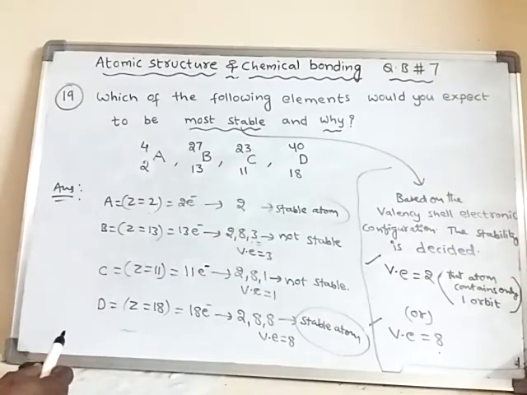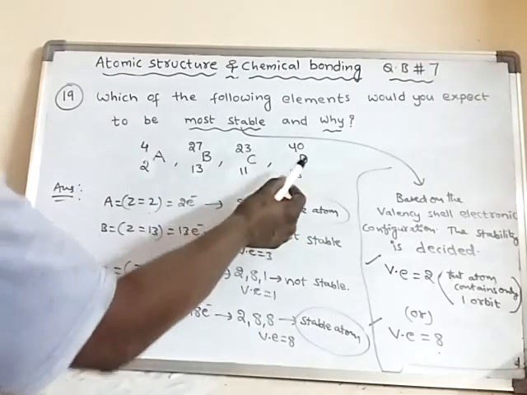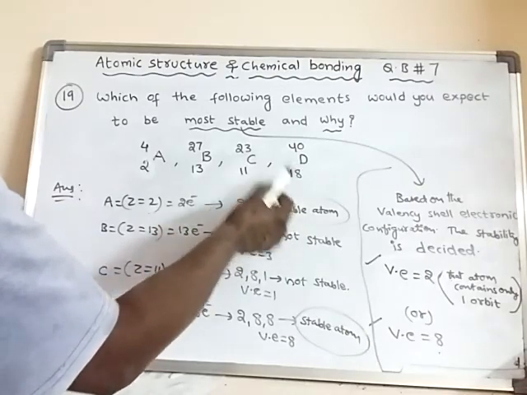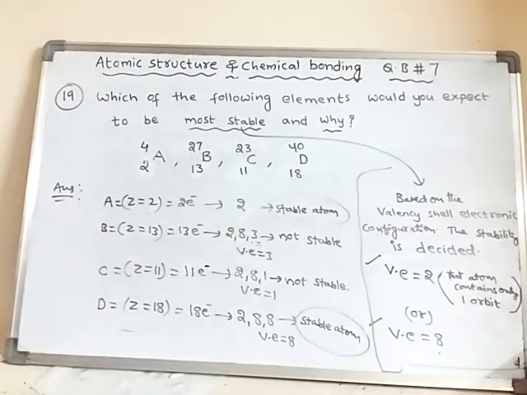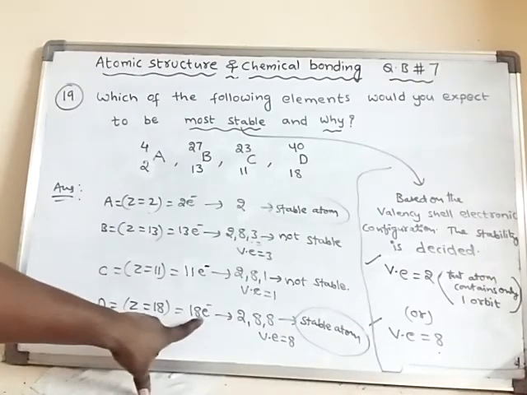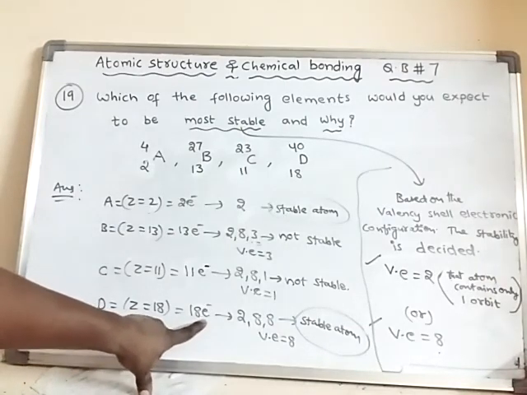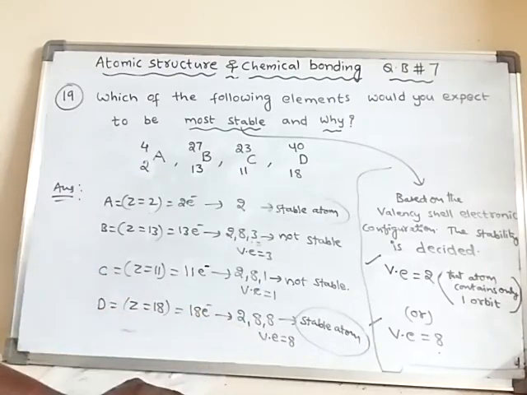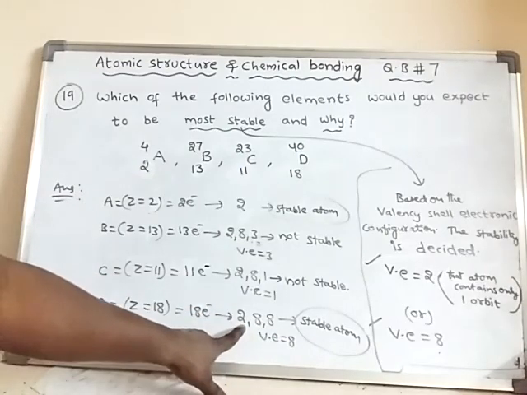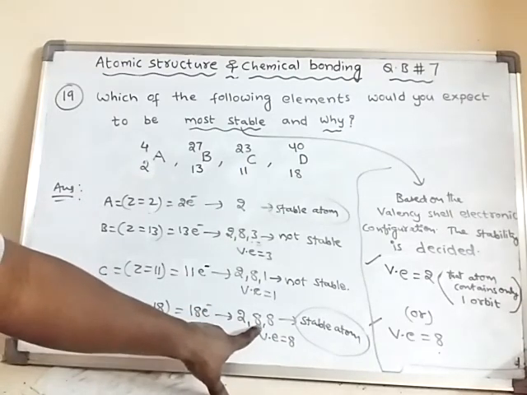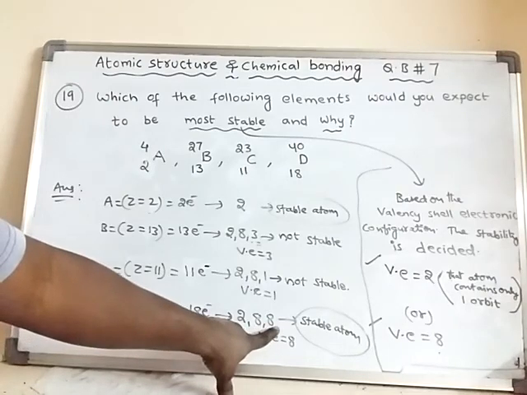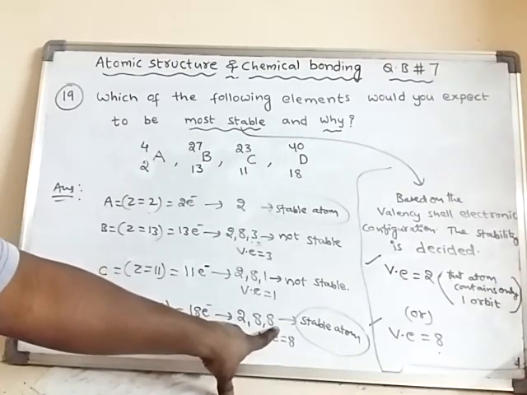Now let us see element D. Its atomic number is 18 and atomic mass is 40. So D has 18 electrons, distributed in 3 orbits. The first orbit contains 2 electrons, the second orbit 8, and the third orbit also has 8 electrons.